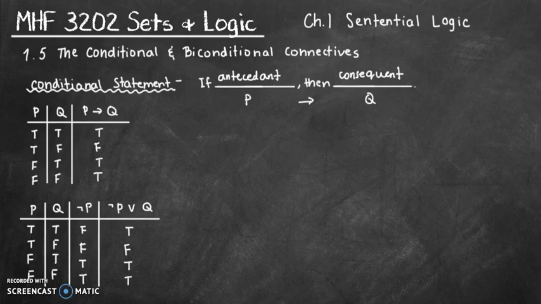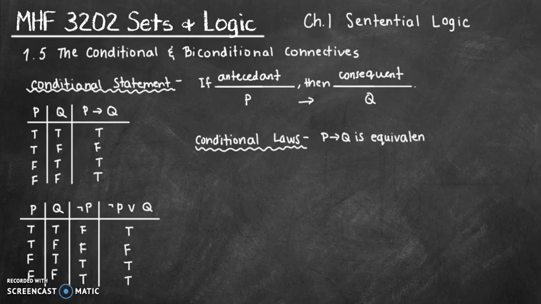So that leads us to the conditional laws. Which state that if P, then Q is equivalent to not P or Q, which we just showed here with these two truth tables.